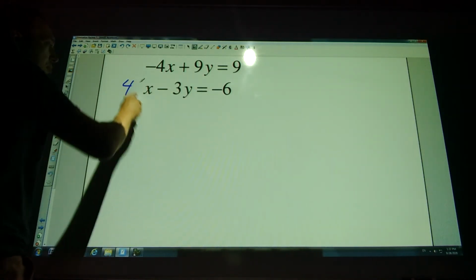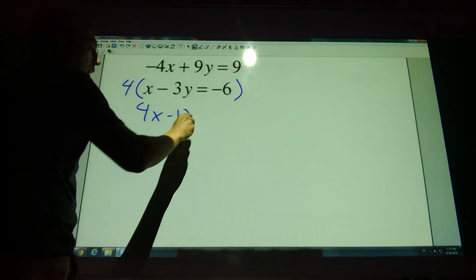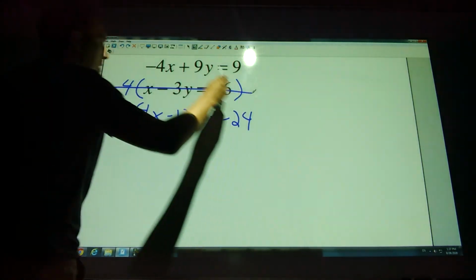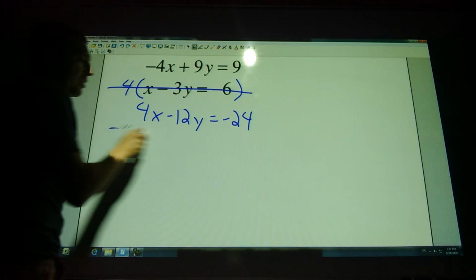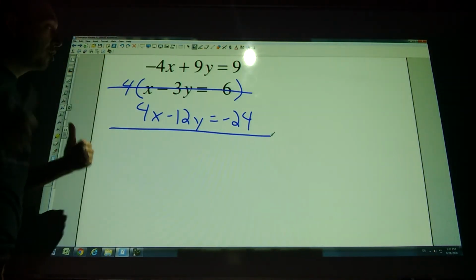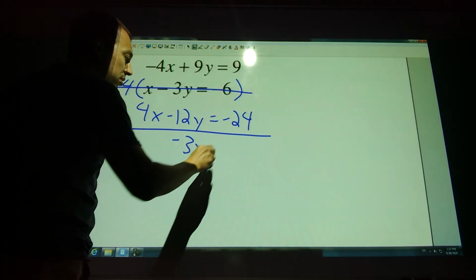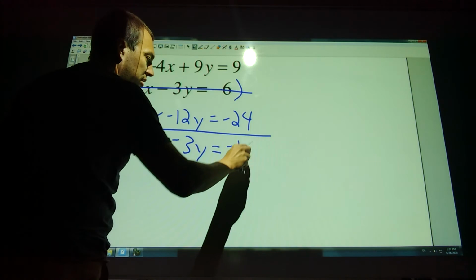So I'm going to multiply everything by 4. 4x minus 12y equals negative 24. I'm going to combine these two. Negative 4x plus 4x, 0 x's, it's gone. 9y minus 12y is negative 3y equals 9 minus 24 is negative 15.